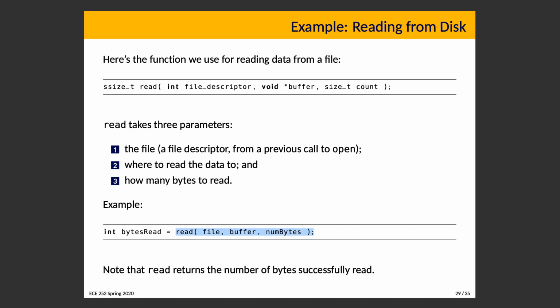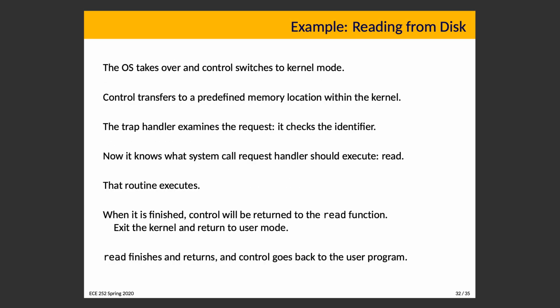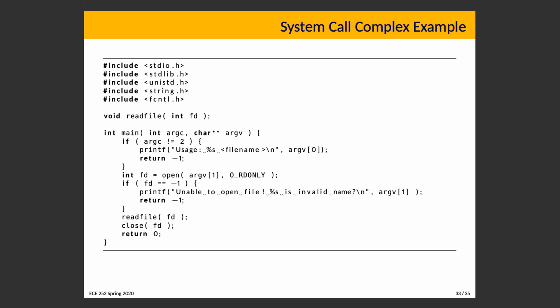Because after the read here executes, the next thing that happens is the result is assigned into this variable here, bytes read. And we can't go on until we have that result. So while our program is waiting for the operating system to be done, it can't continue. It is suspended.